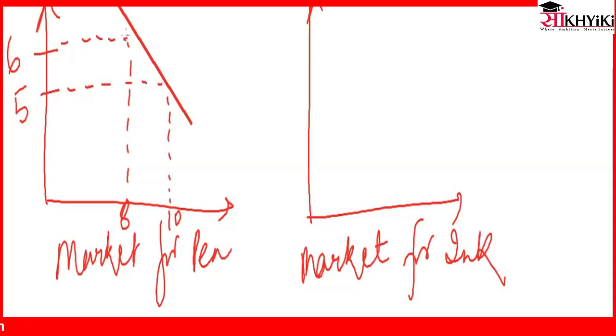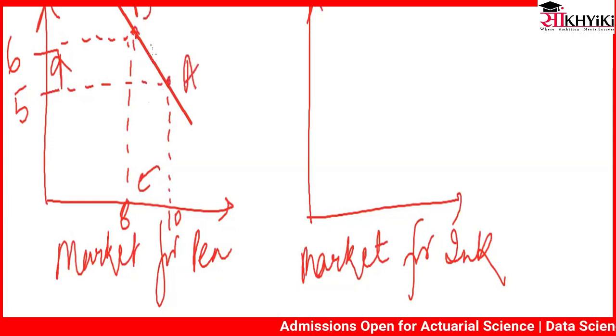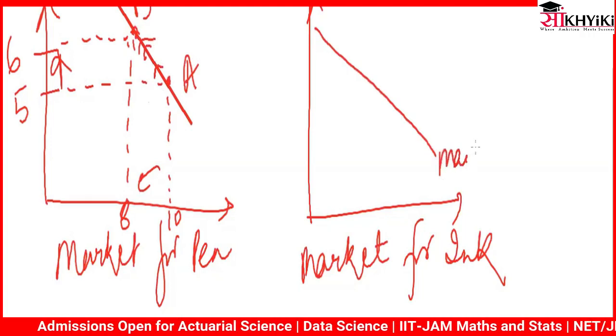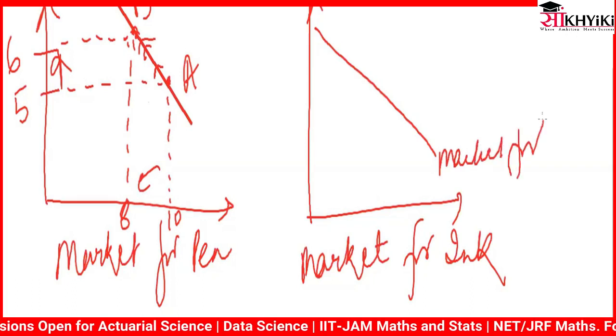Then, because the price increased and the quantity demanded decreased, there is a movement along the curve from point A to B. But this is the market demand curve for ink.